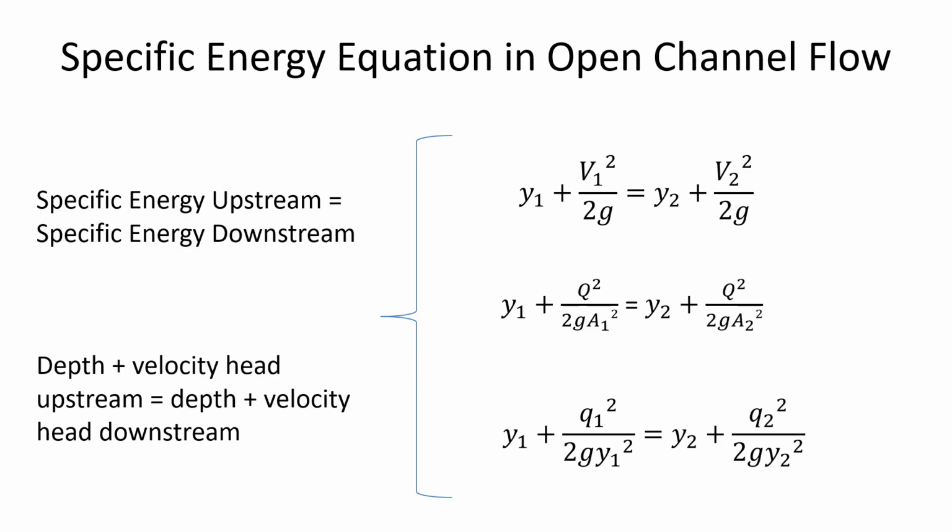Otherwise, which is to say most of the time in the real world, there's going to be some sort of a disturbance that interrupts steady and uniform flow, so that we have to figure out what will be the flow depth after some sort of an irregularity, like a change in slope, or narrowing of the channel, or an expansion of the channel, or a step up or a step down.